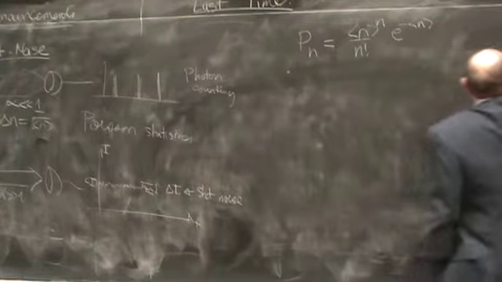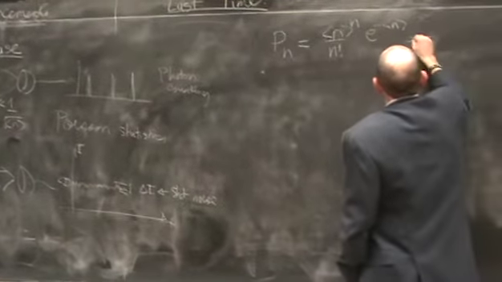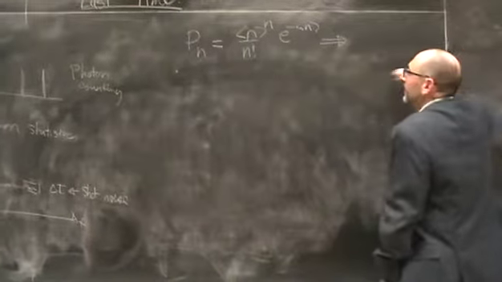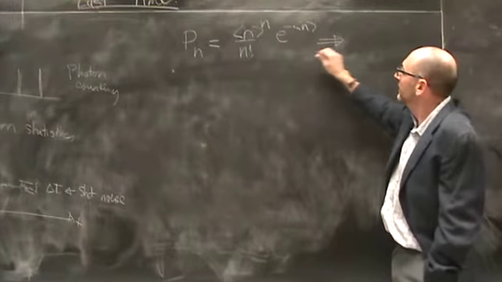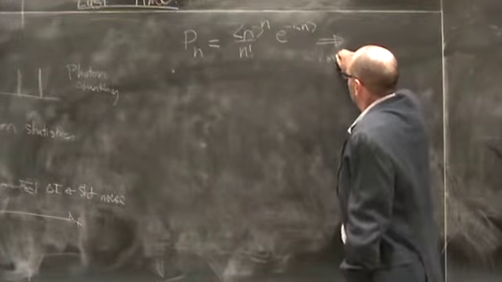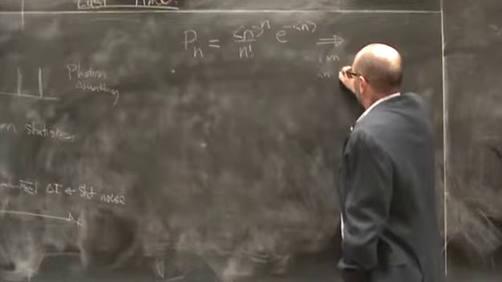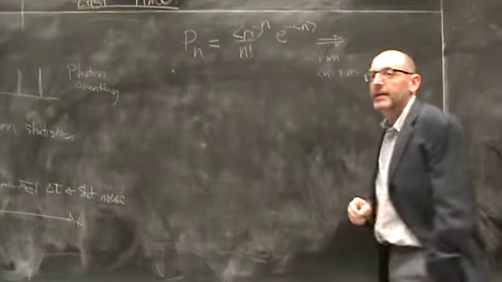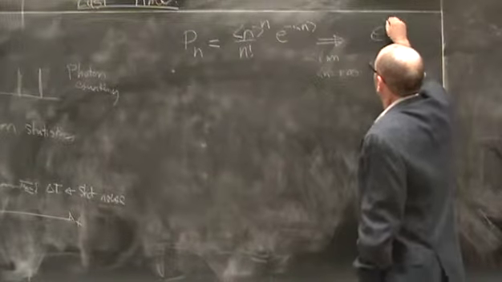And it's a simple exercise, maybe will be assigned, to show that in the limit that the mean number goes to infinity, this approaches a Gaussian.